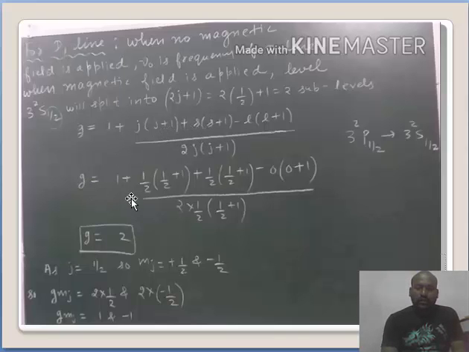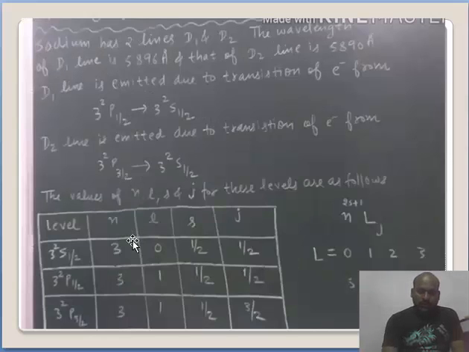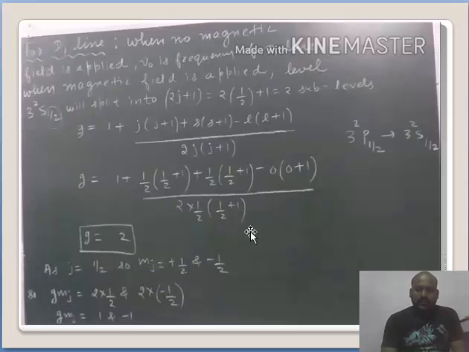So G is equal to 1 plus, with J value 1 by 2, same 1 by 2, plus the S value from the previous table. Look at this row, take the L, J and S values. The S value is 1 by 2, plus 1 minus the L value, which is 0. Put these values and simplify, and finally we get G equal to 2. So this is the Lande expression.